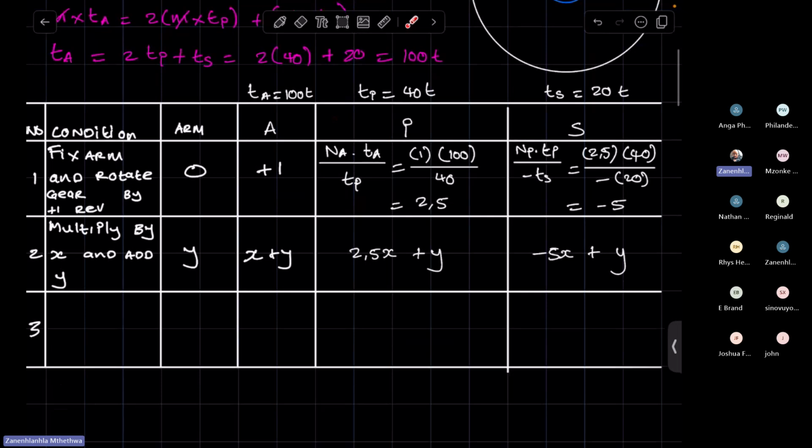Now, before we do that, let me just make mention of this. Every condition that follows after the second condition, to complete that condition, we are going to need three things.